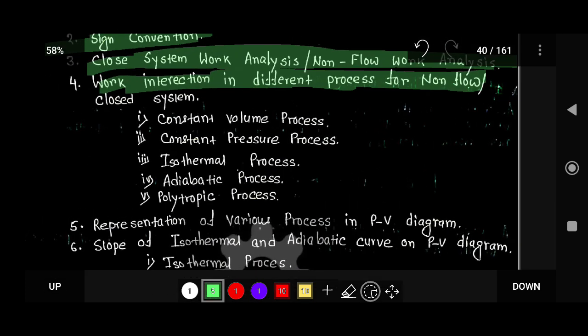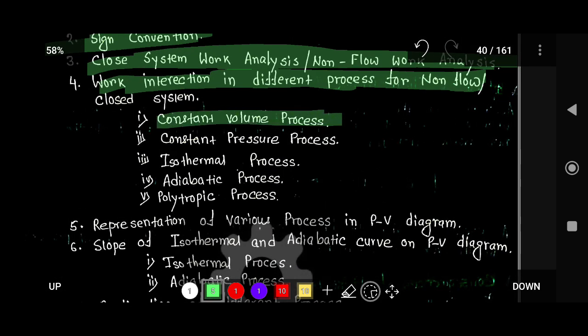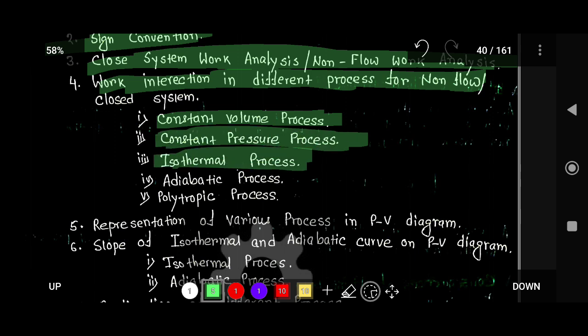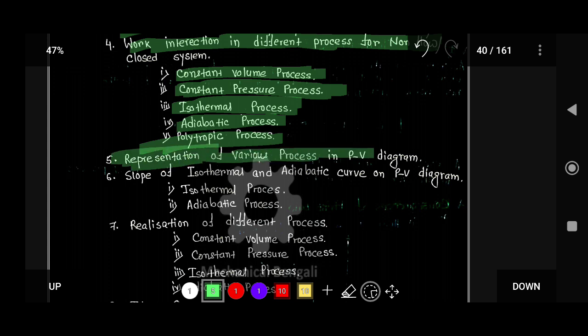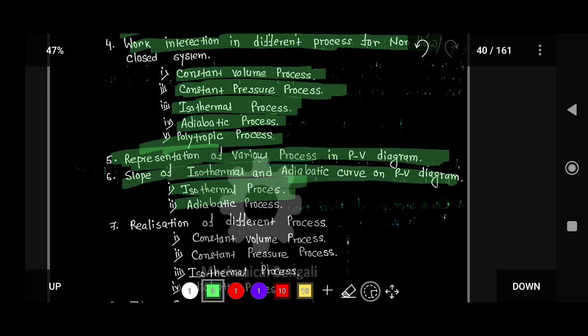We saw how constant volume work is determined, and constant pressure process, isothermal process, adiabatic process, and polytropic process. Now we saw representation of various processes in the PV diagram, and the slope of isothermal and adiabatic processes on the PV diagram, which is very important.